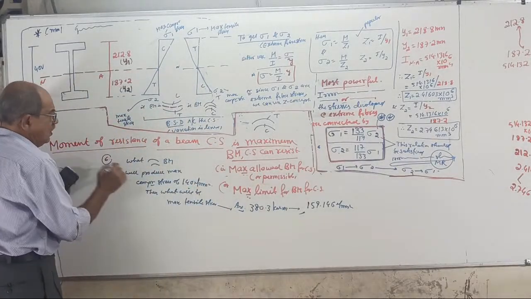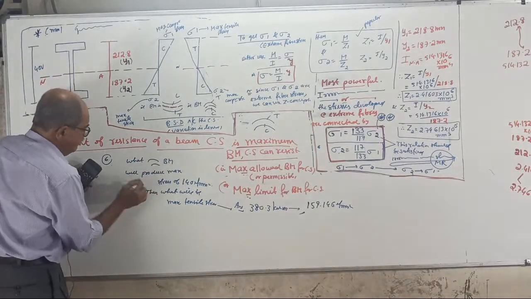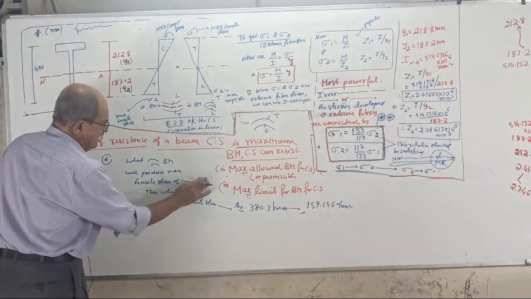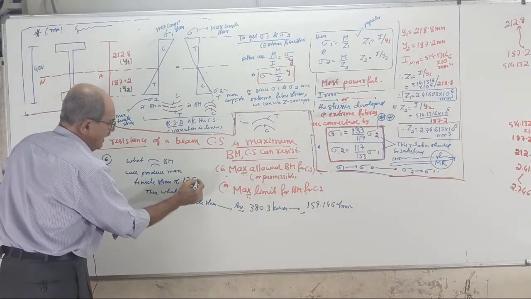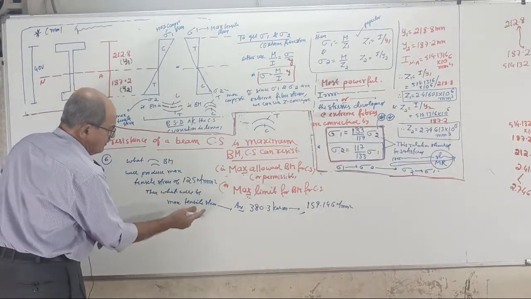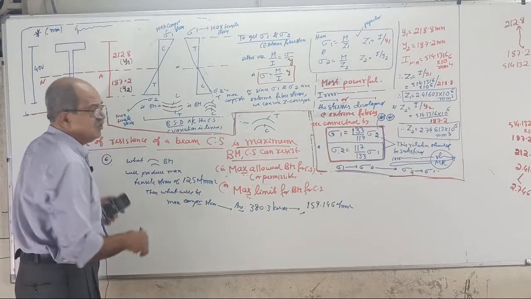Series of questions. What hogging BM will produce maximum tensile stress of, say, 125 Newton per mm square, over. What will then be the maximum compressive stress? Tell the answer now.